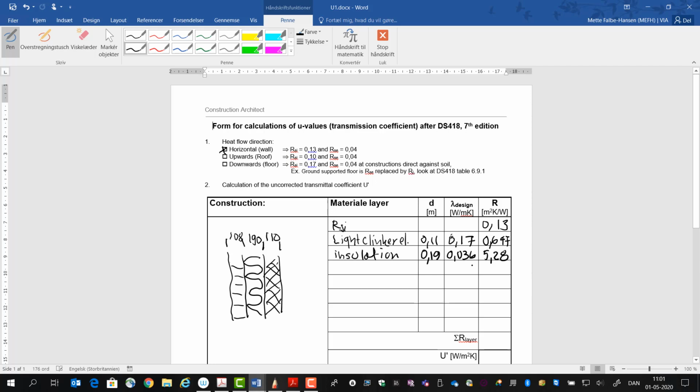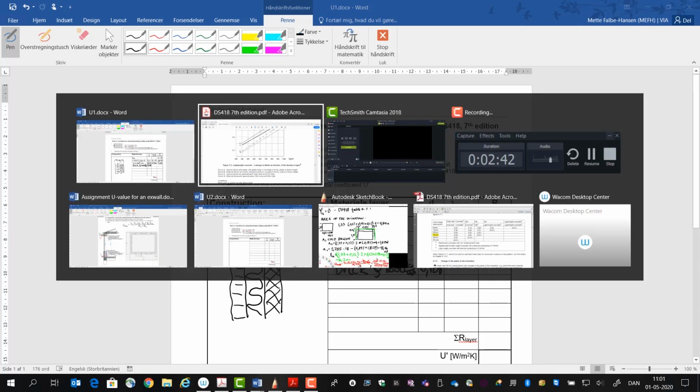Then we have bricks, and they have a density of 1600 kilos per cubic meter, and they have a dimension of 0.108. Then we need to look up the lambda value for it.